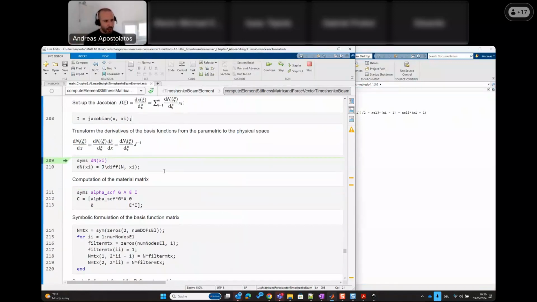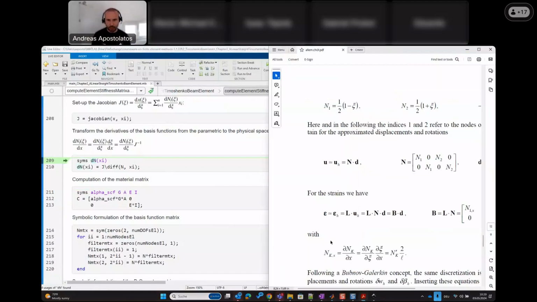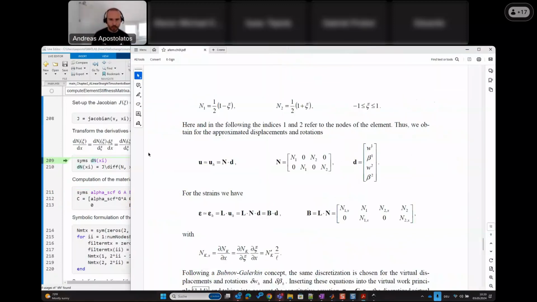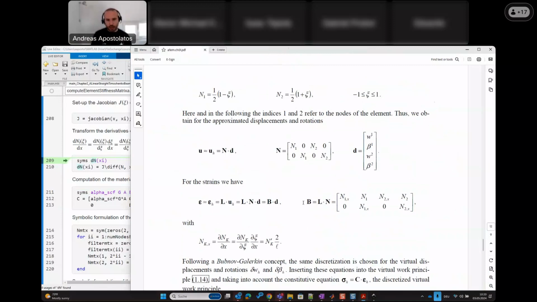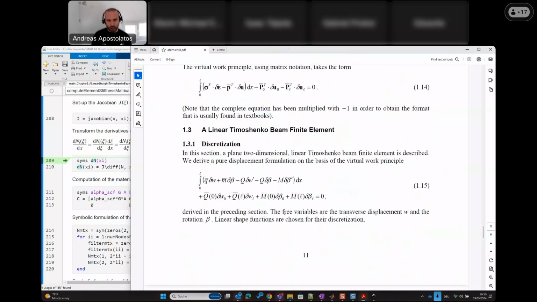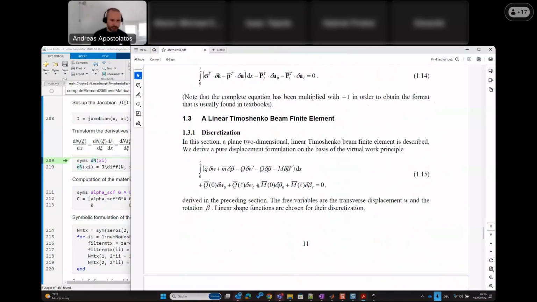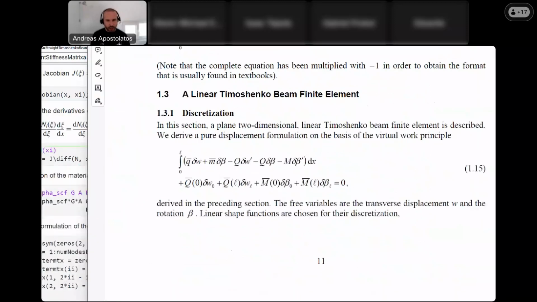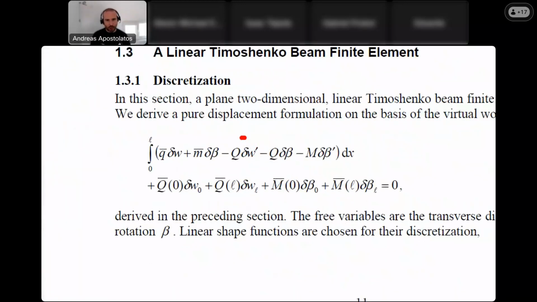Let's go back here. And now the question that Gabriel had before. Please take a look here. We want to compute the derivatives of the basis functions with respect to the physical space. And why do we want to do this? Because let's go back to our script. If we look at our partial differential equation, that's the weak form here. You will see that we have a derivative of the vertical deflection with respect to physical space.